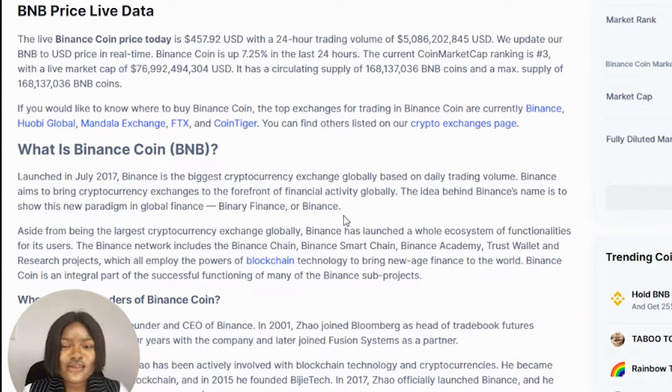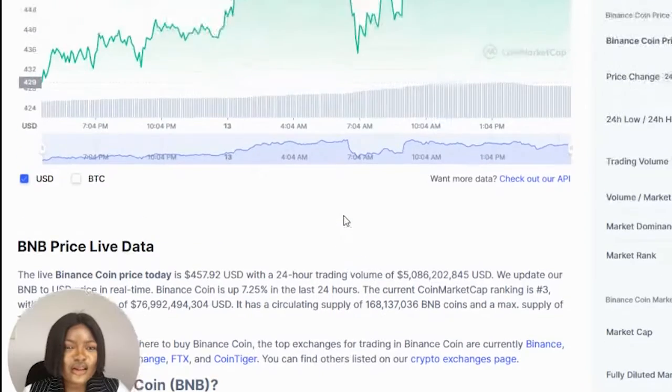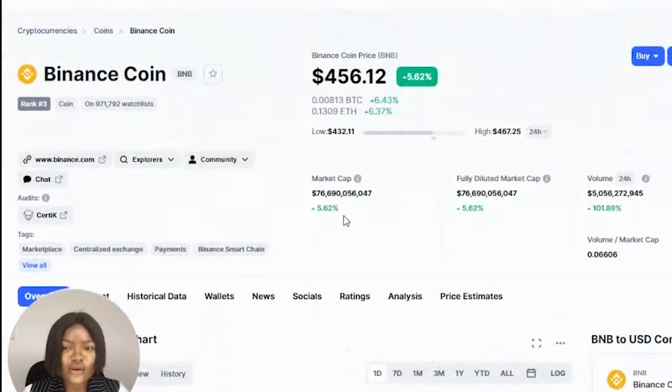Those are the use case things you need to understand: the platform, the token, what problem the coin came to solve, and the founder behind the token. These are the most paramount things you need to understand when investing in a token. Another category you need to check is the community.